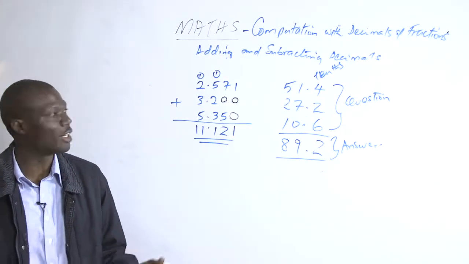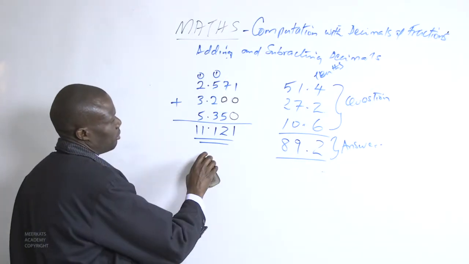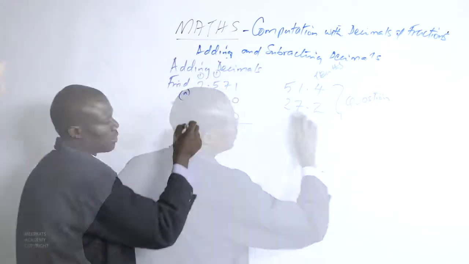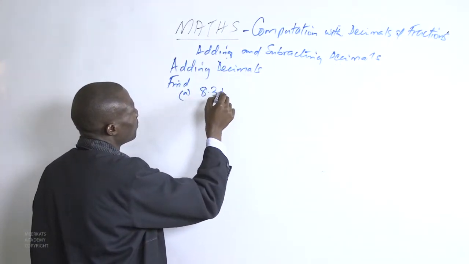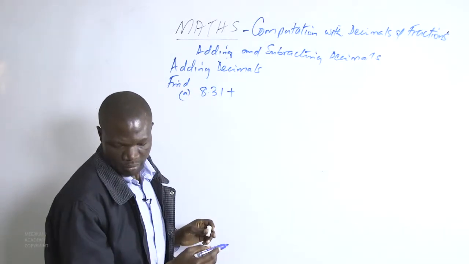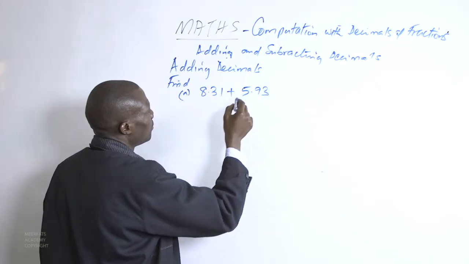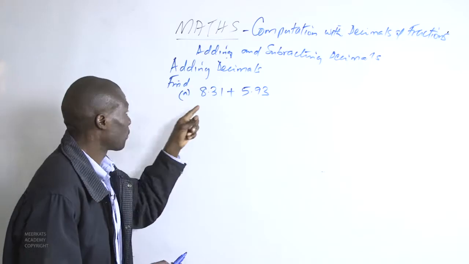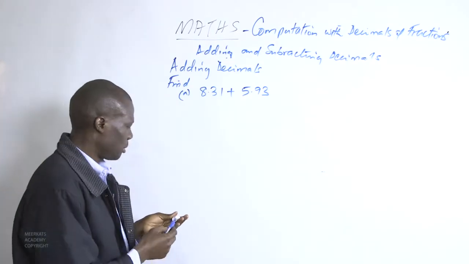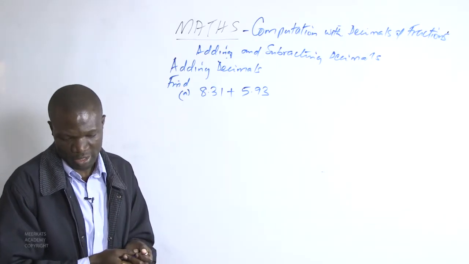So let us look at questions and see how to approach them. Find 8.31 plus 5.93.